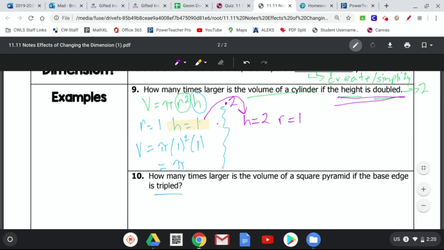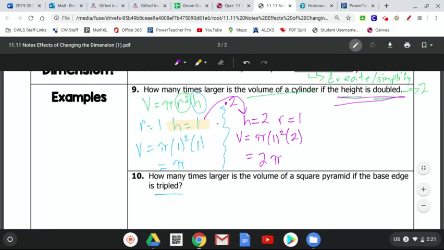Now we just put this all in a formula and calculate the volume. Volume equals pi times 1 squared times 2. When we do this, we're just left with 2 pi.